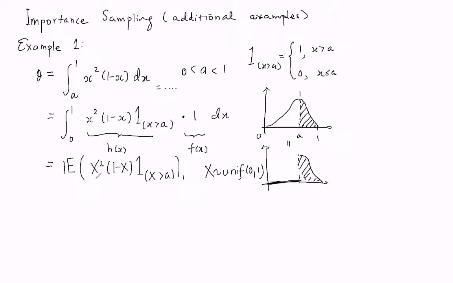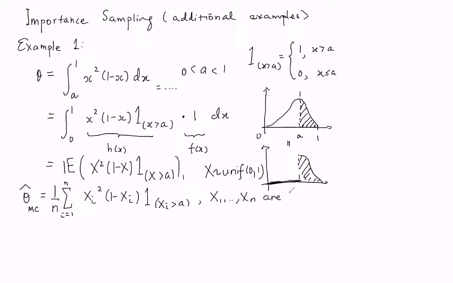And therefore your Monte Carlo estimator will be just the sample mean, over x_i greater than a, where x1 until xn are IID uniform 0, 1, okay?